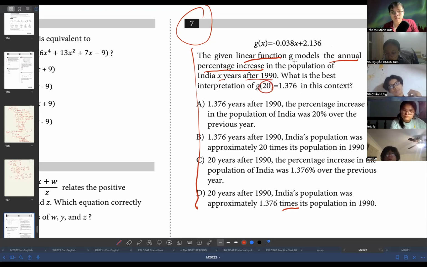So let's recap: 1.376 is the annual percentage increase in the population of India 20 years after 1990. So which is correct? C or D? Which one is more correct?